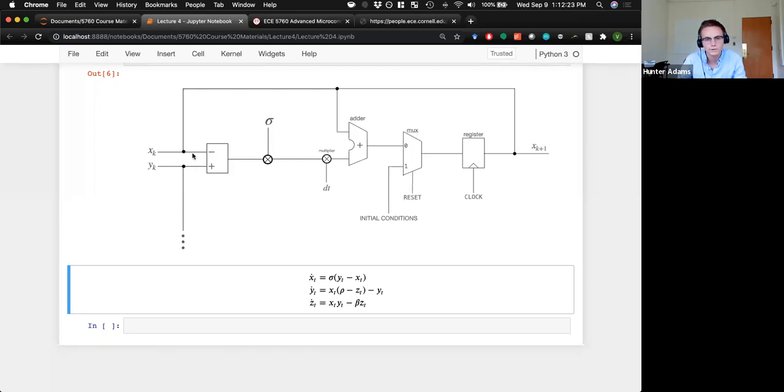We're calculating the difference between those two, multiplying by sigma, and then doing the Euler integration, which is to say multiply that derivative times our time step, and then add the previous value of our state variable, xk. So the output of this, xk plus 1, is going to be xk plus dt times x dot at time step k. This is the hardware implementation of that logic.